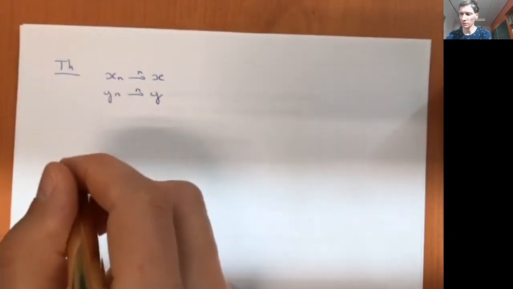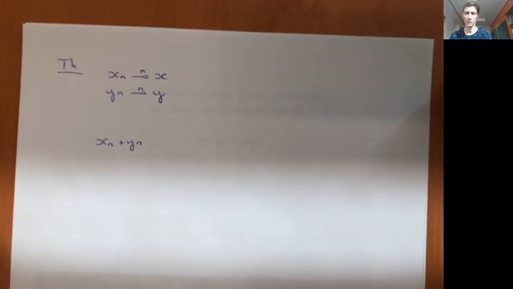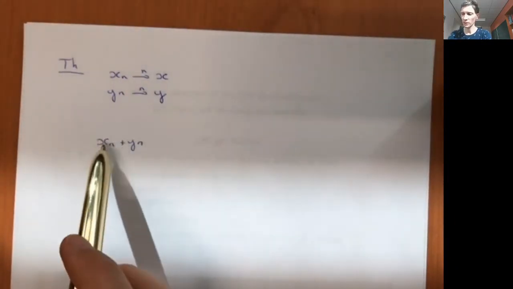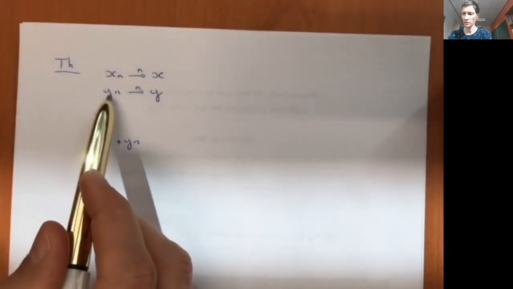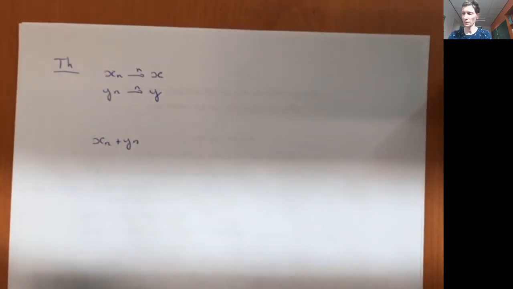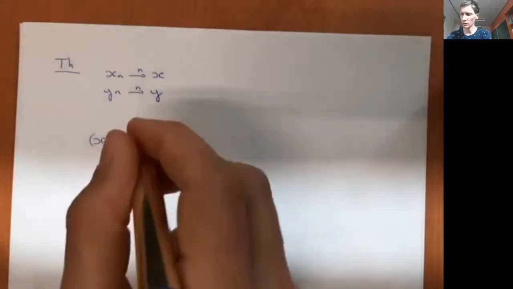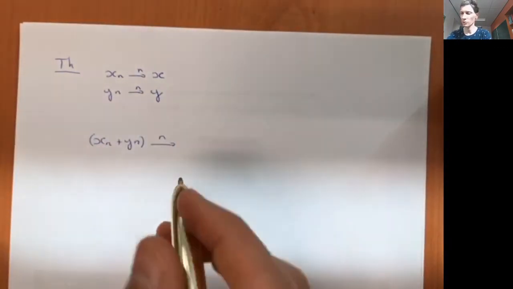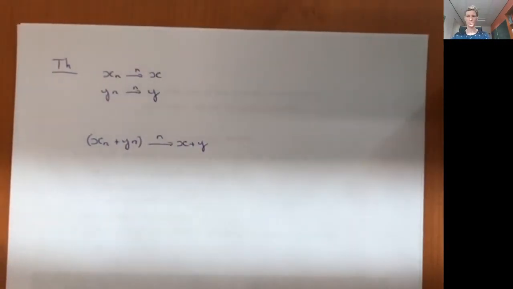Let's, for example, consider the sequence xn plus yn. This is the sequence where the nth element is the nth element of x plus the nth element of y. Then we can show that this converges to a certain limit, and this limit is x plus y.